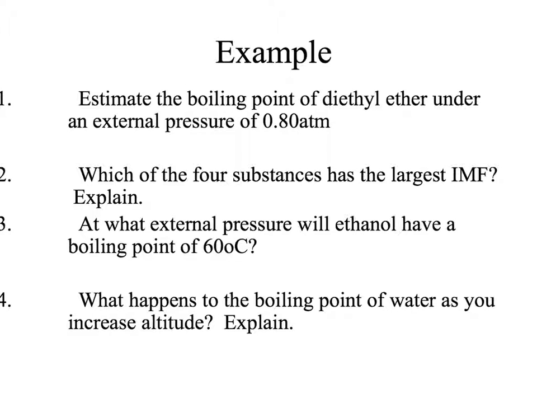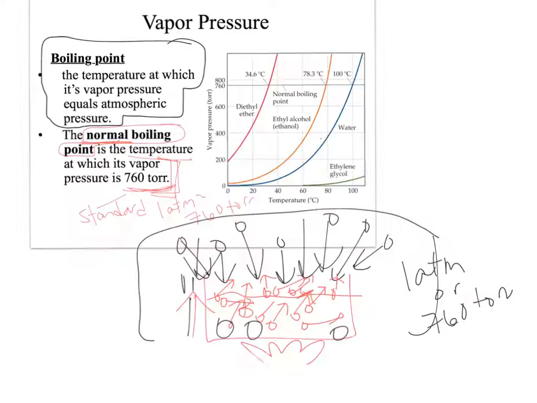Okay, let's consider these questions, which relate to the graph in the previous slide. Estimate the boiling point of diethyl ether under an external pressure of 0.8 atmospheres. And which of the four substances has the largest intermolecular forces? Explain. So first we're going to estimate the boiling point of diethyl ether at 0.8 atmospheres. Look at the graph again.